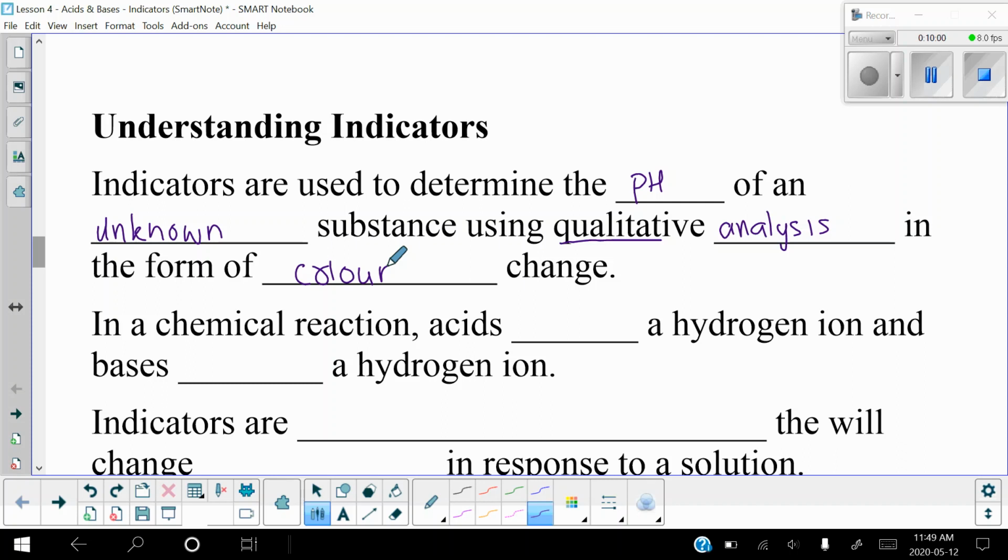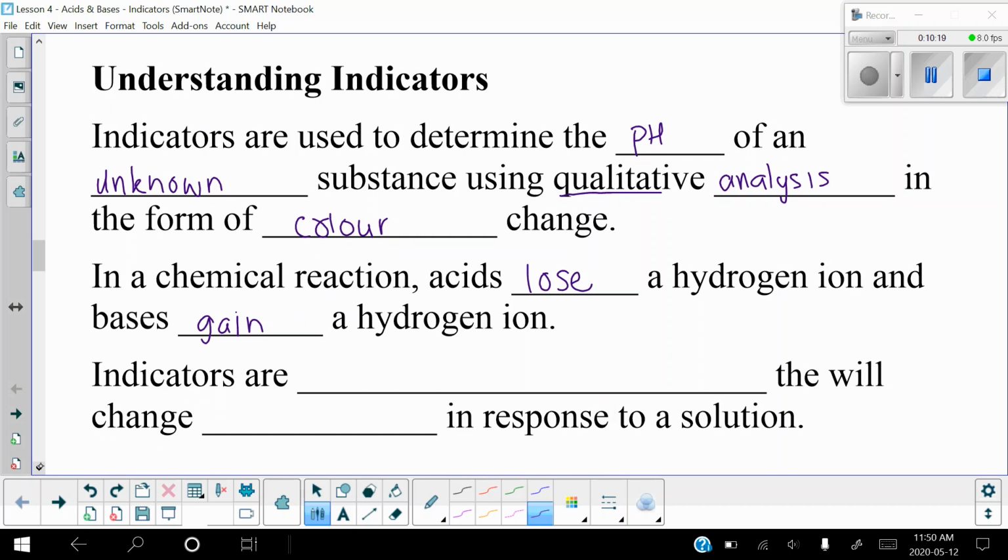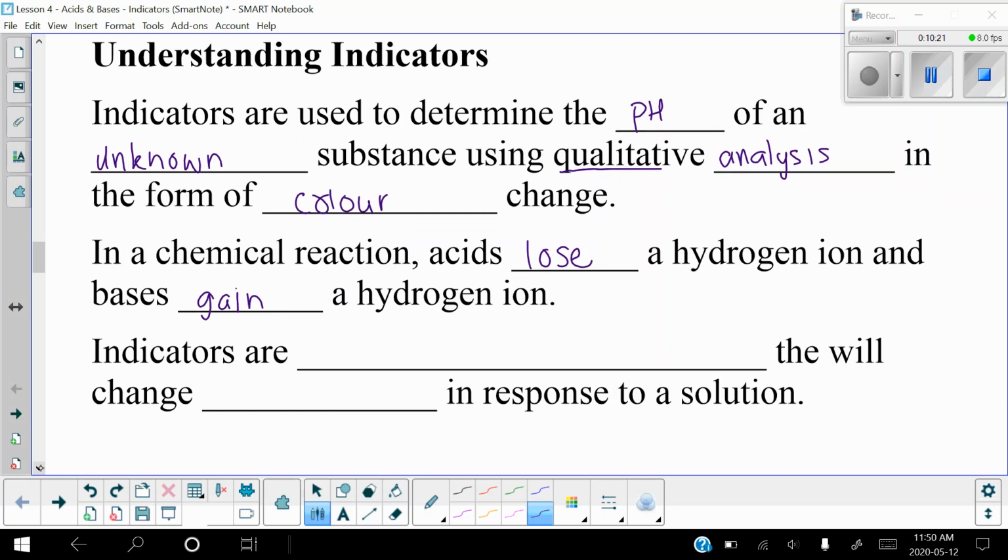In a chemical reaction, acids lose a hydrogen ion, and bases gain hydrogen ions. Indicators are weak acids and bases.